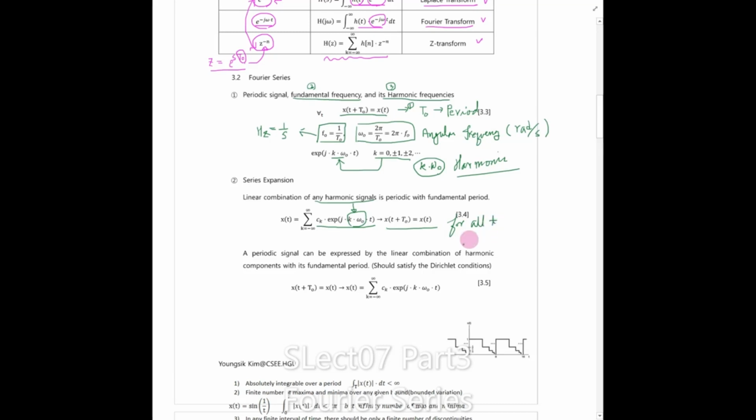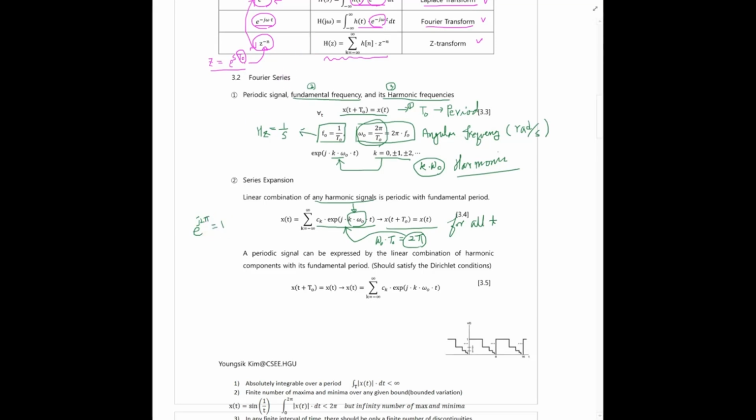For any given t, the reason is this: omega 0 times t0 equals 2 pi. It's obvious from these relationships. 2 pi is a period of the complex exponential function. e to the j 2 pi is always 1.